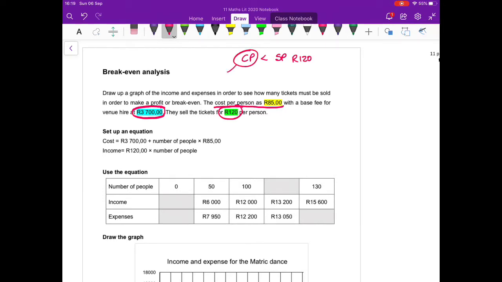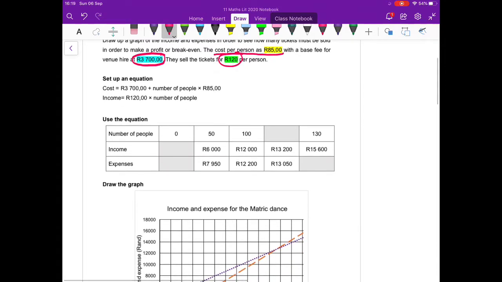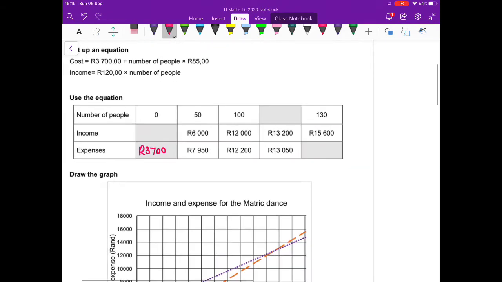The cost price is going to be your 85 Rand plus the base fee. Now remember, when there is a base fee, your table is always going to start at that value. So your expenses are going to start at 3,700 Rand. Whereas your income, if you sold no tickets or no people are coming, you will still have 0.